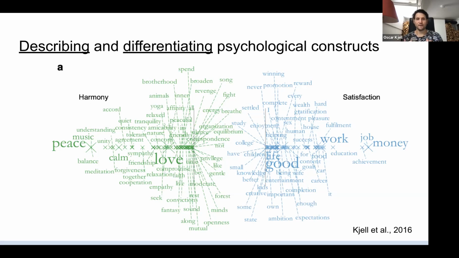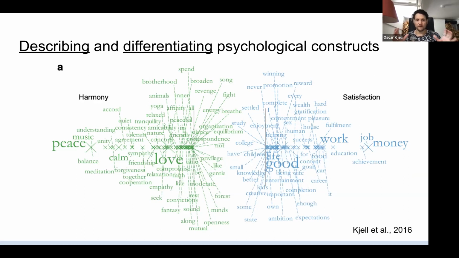Here you have one example, which is the first word cloud that I made in 2016. I was interested in the difference between harmony in life and satisfaction in life. What you see here is data where participants have described their pursuit of harmony in life and their pursuit of satisfaction in life.